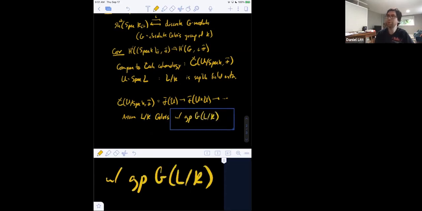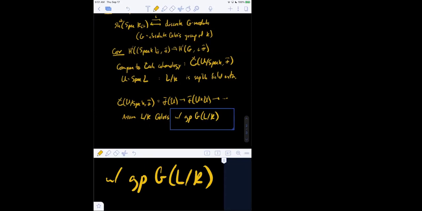So can anyone help me rewrite this complex? What is U × U if L is Galois over K? Spec L to the degree.